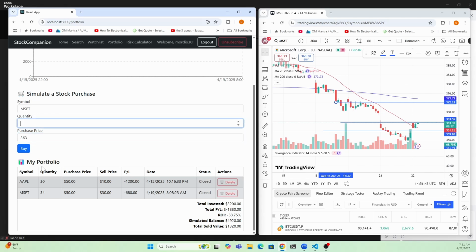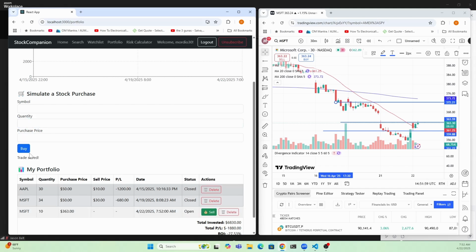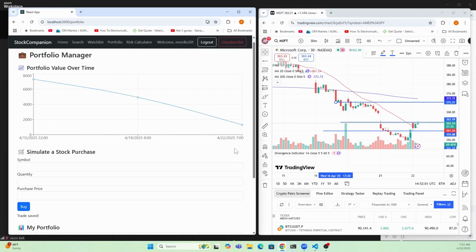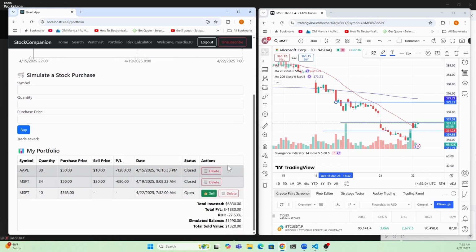And for our quantity, although it's a much higher price, we could use maybe 10 shares. And all we have to do is wait out the trade and watch how the trade plays out.